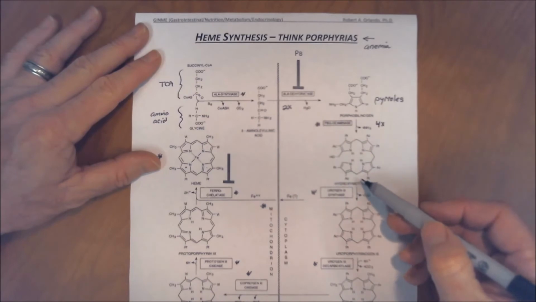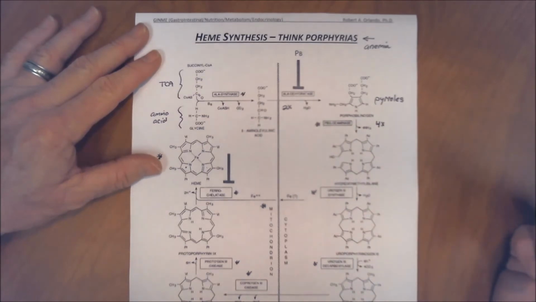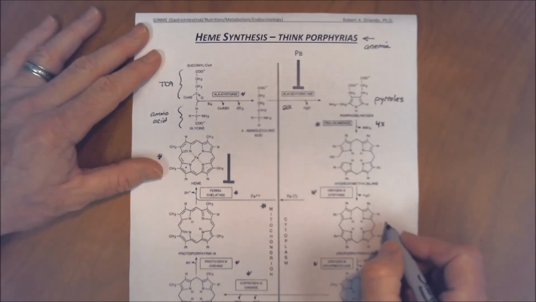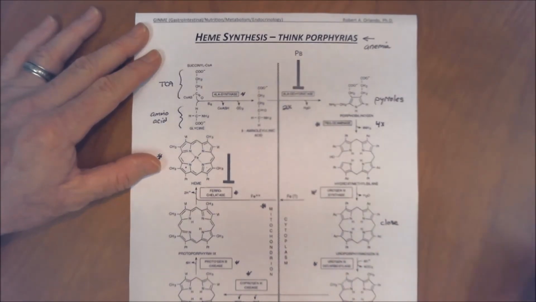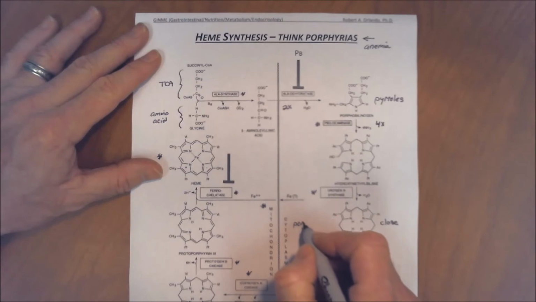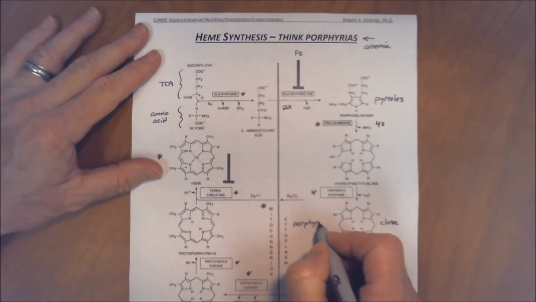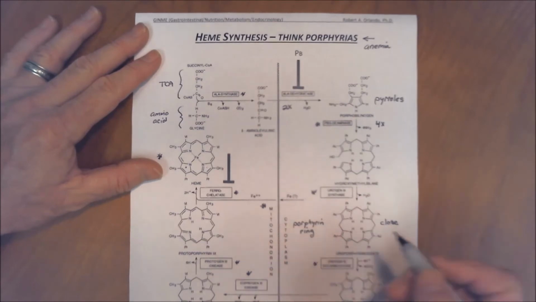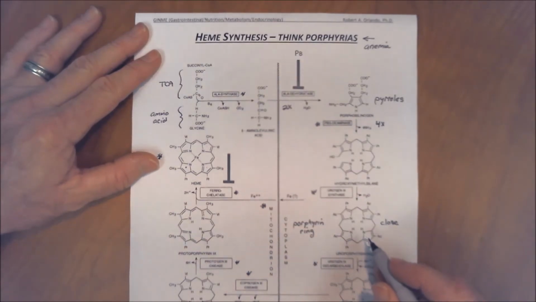link them together in a linear fashion. Then the third step is to close the ring so that now we have our porphyrin ring structure, which is what we begin to recognize as fully synthesized heme.